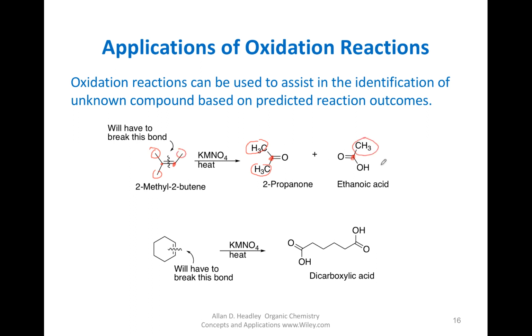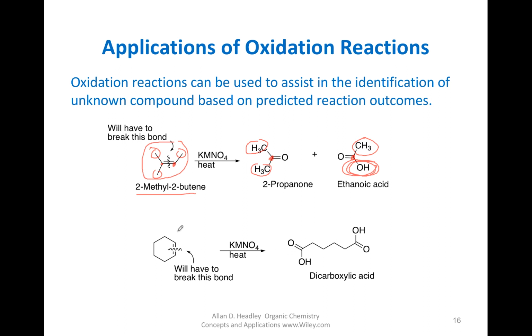Here's a methyl group, but it has here an OH, a carboxylic acid, which means that it had a hydrogen right here. So this would be the starting material, 2-methyl-2-butene, as the starting material.